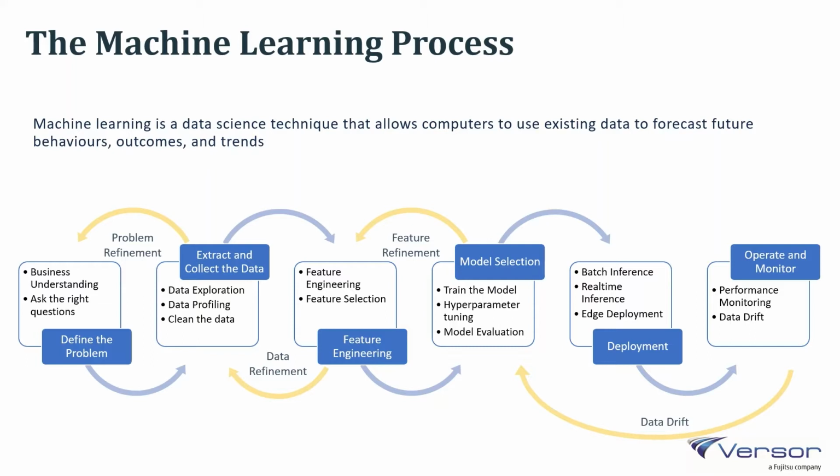Having a really good business understanding and being able to articulate the types of problems and the questions very well is very important. Once we have the problem, we can go and then extract and collect the data.